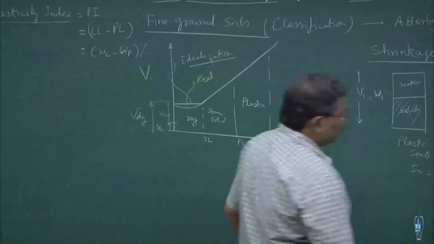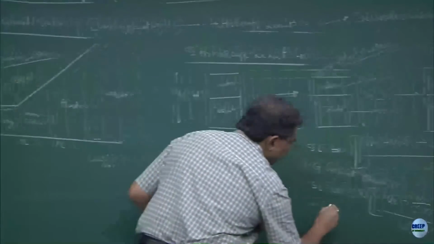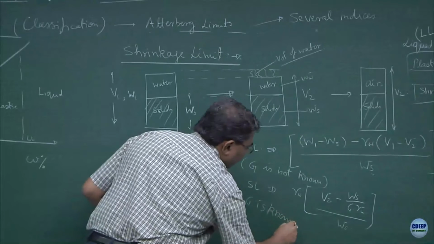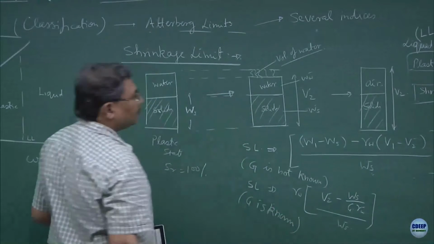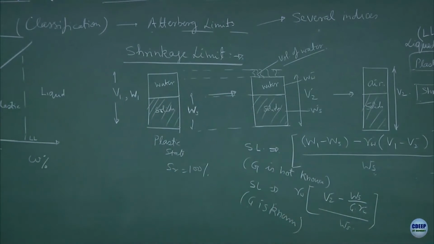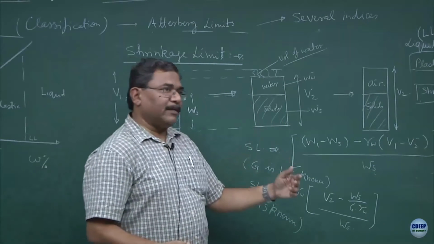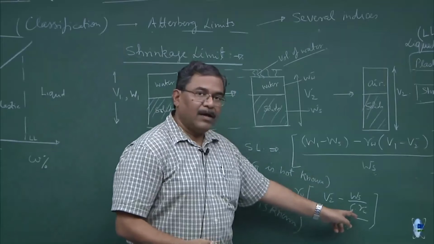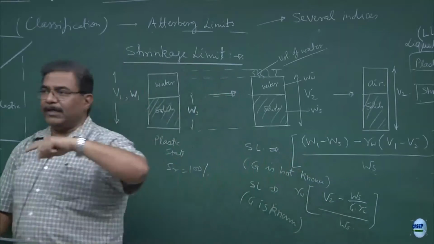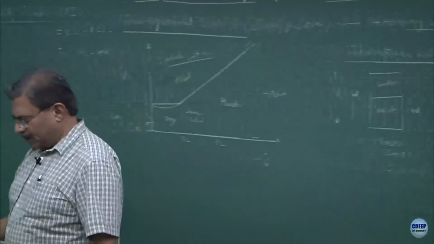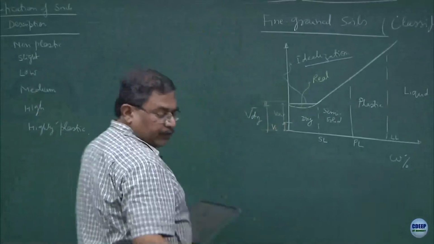So, this equation is used when G is known. Mostly these equations are used for calibration of the G. Suppose there is a discrepancy in finding out the G, and if shrinkage limit is known, I can compute the specific gravity.